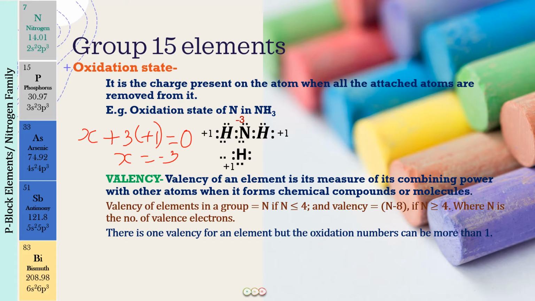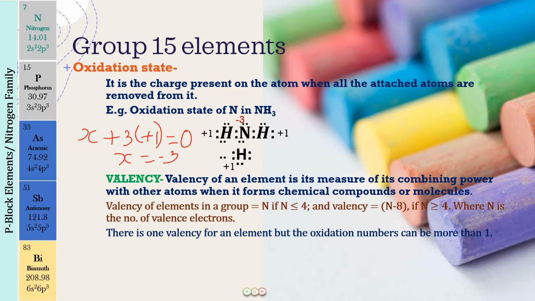It is the charge which will be present on the atom when all atoms are removed from it, and therefore we name it differently, oxidation state. When there is just one, that will be n minus 8 for nitrogen, and we can call that the valency also. But for nitrogen we see oxidation states from -3 to +5, and there are so many possible oxidation states for nitrogen, which you are going to learn in this lecture. That is why the new name, oxidation state, was given, which is different from valency.